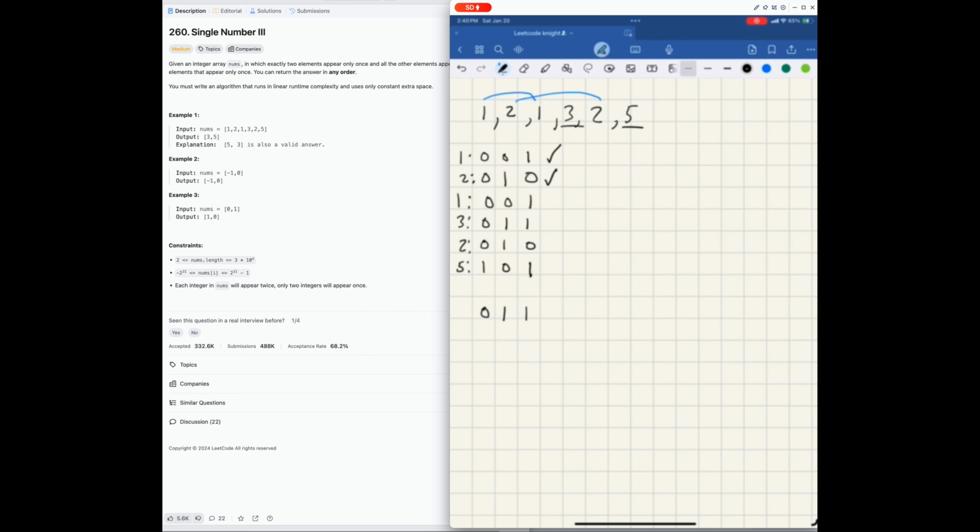Okay, and then we XOR 0, 0, 1, which is 1. And from there, we get 0, 1, 0. Okay. We XOR 0, 1, 1. Then we XOR 0, 1, 0.